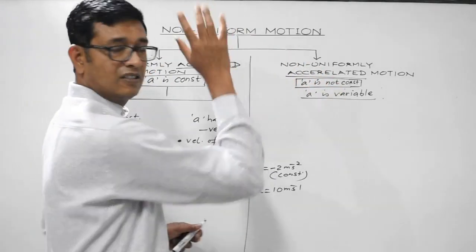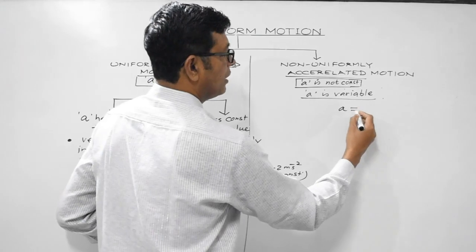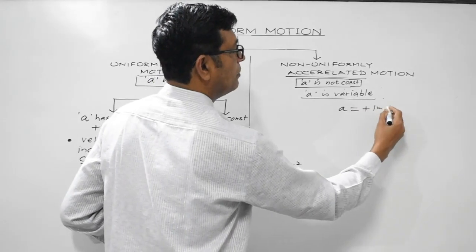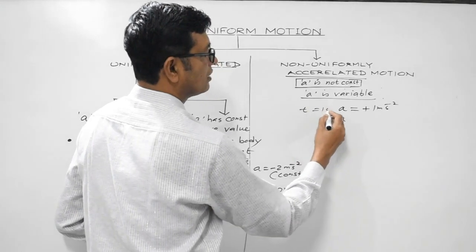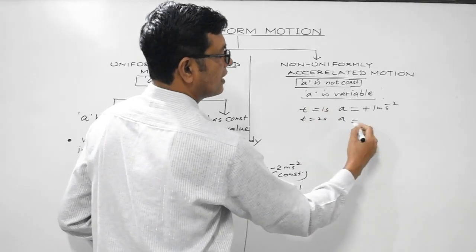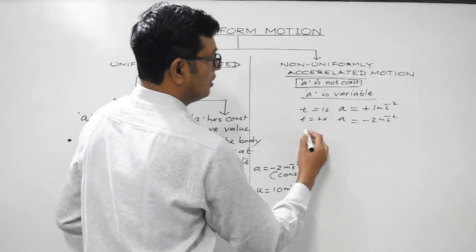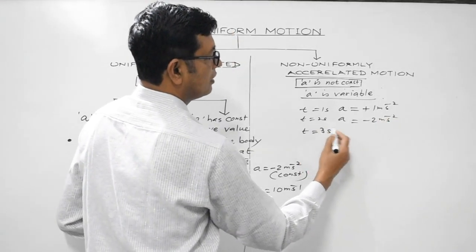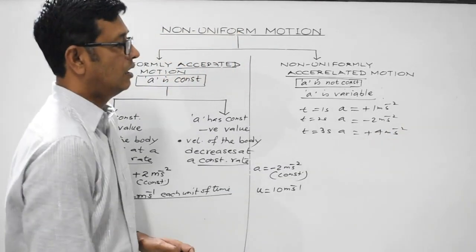While in this case, suppose acceleration is variable. First it is 1 meter per second square. In the second case, at t equals 2 seconds, acceleration is minus 2 meter per second square. At t equals 3 seconds, acceleration is plus 4 meter per second square. Understood now?